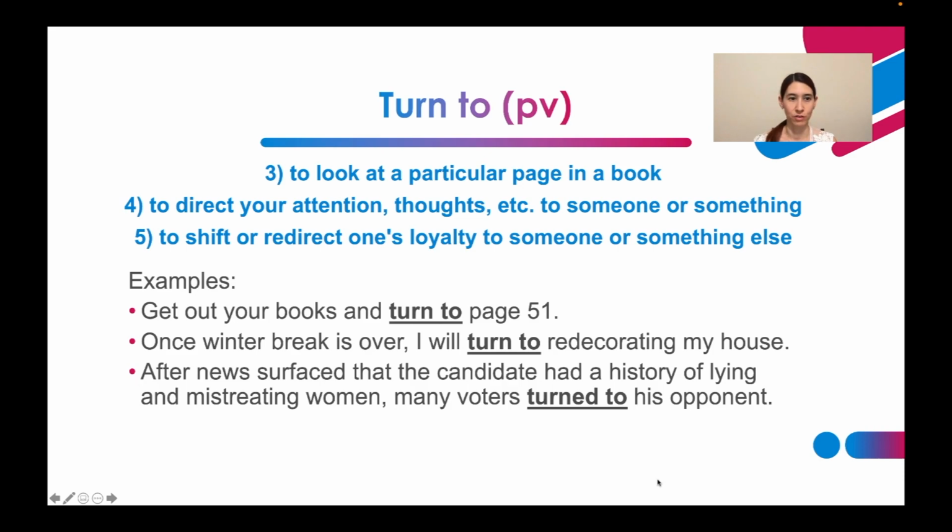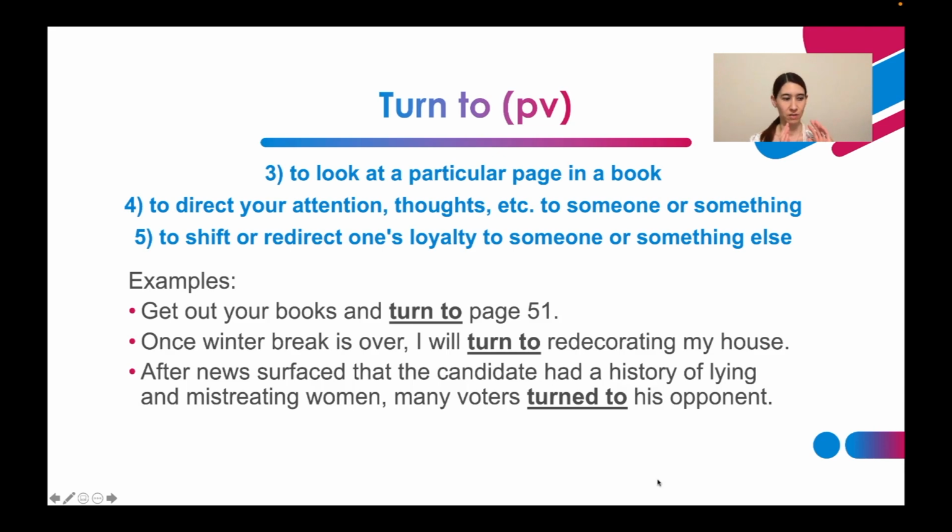Another meaning of turn to, if you see number 5, is to shift or redirect one's loyalty to someone or something else. For example, after news surfaced that the candidate had a history of lying and mistreating women, many voters turned to his opponent. This would mean, let's say there's a political candidate that you were going to vote for or you supported, and then you find out that he or she is not who you thought they were, or you found some news about them that you didn't like.